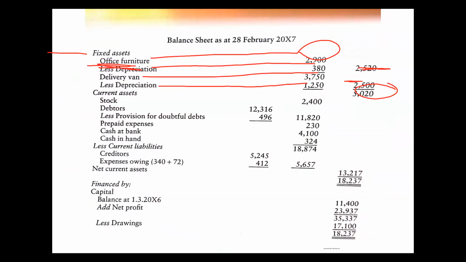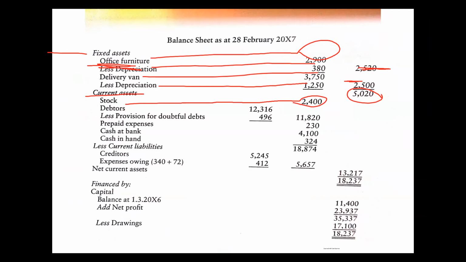And again, once you have the total fixed assets or non-current assets, then you have the current assets. Under the current assets, you have stock. The stock, or the inventory, you are just concerned with closing inventory. Don't get the opening inventory.